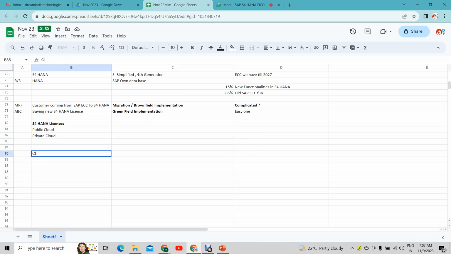In general, what is a cloud? Nowadays, we are hearing a lot about cloud, right? What is cloud? Storage, database. Okay. What else?